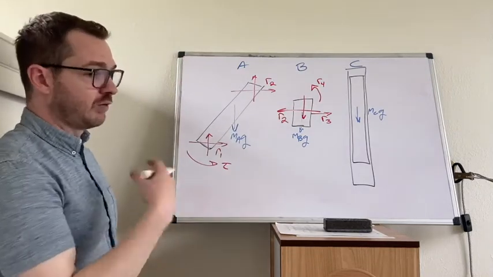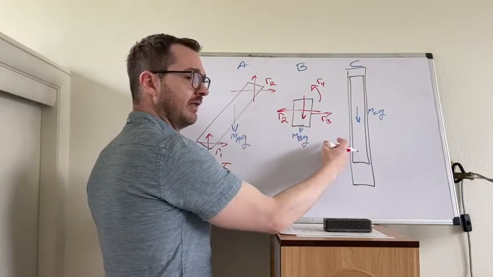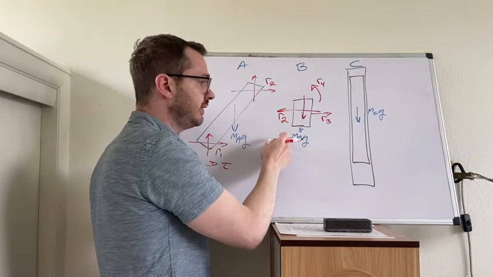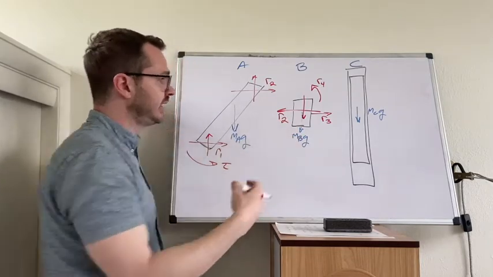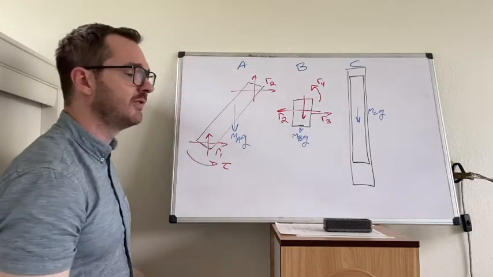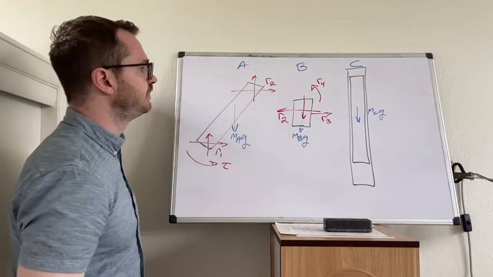R4 is a reaction moment. So there's a reaction moment between the block and the slotted rod. When the slotted rod rotates, the block has to rotate with it. And if you have a change in angular momentum, if there's some angular acceleration, there has to be a moment to bring that about. So we go from B now to C.